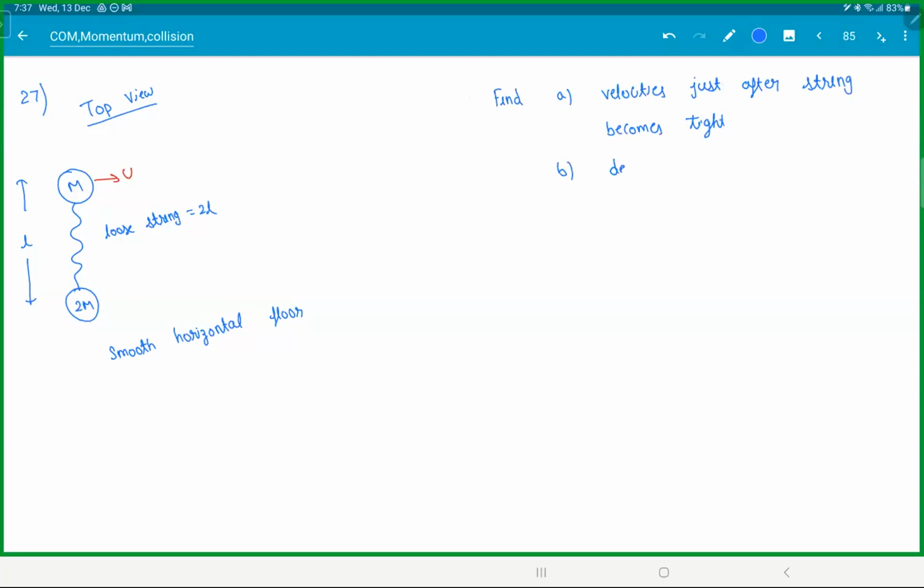Describe the motion of the balls. Describe the motion, I mean you just have to say how it looks, what happens. Find tension in the string after it becomes tight.